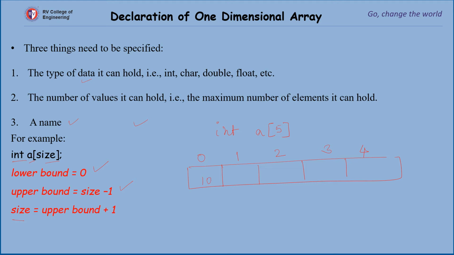Elements will be 10, 20, 30, 40, 50. So the lower bound is always 0. Upper bound is size minus 1, 4. What is the size? Upper bound plus 1, that is 4 plus 1. So what are 10, 20, 30, 40 and 50? They are nothing but your values.